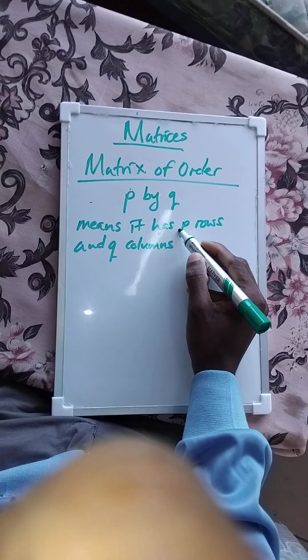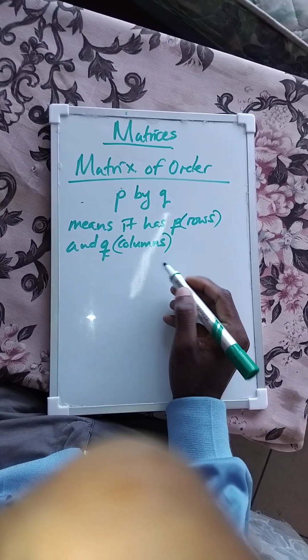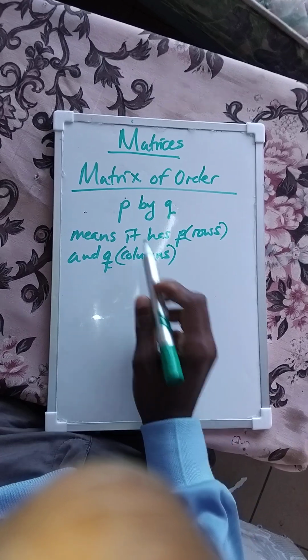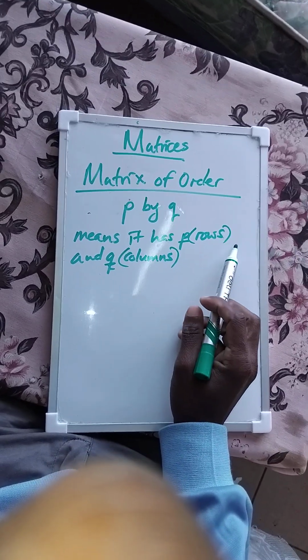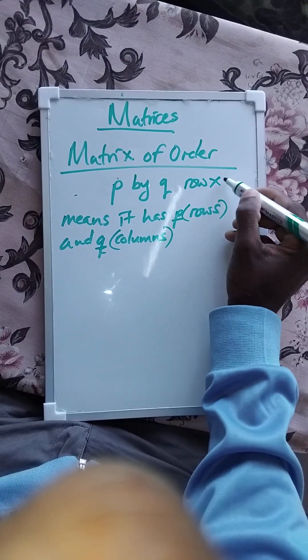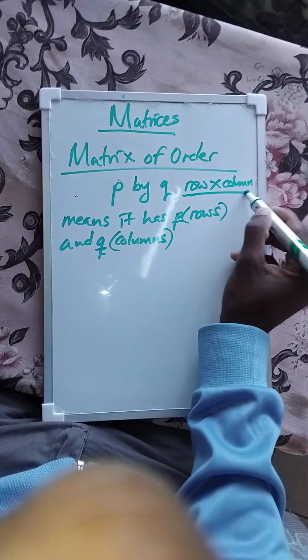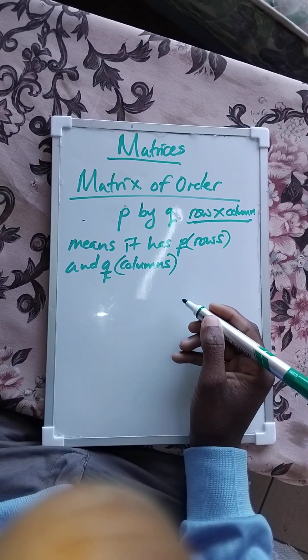So the order of a matrix is row by column.